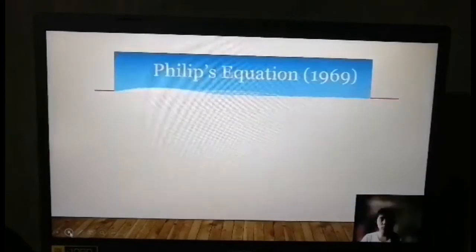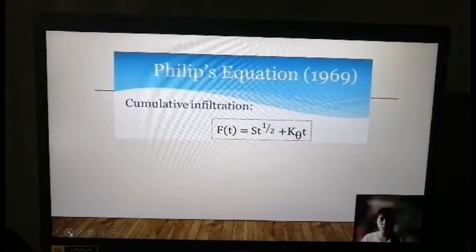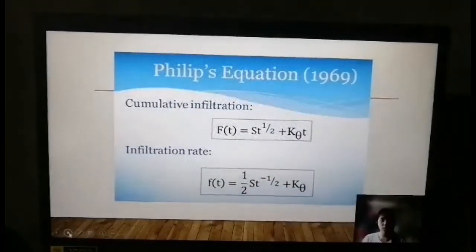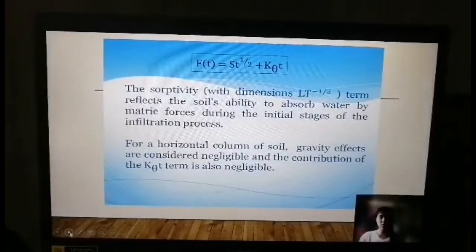So this is the continuation of our report on Phillip's equation. Now this is the Phillip's equation for cumulative infiltration. By differentiating that, we'll get the infiltration rate. The sorptivity term reflects the soil's ability to absorb water by matric forces during the initial stages of the infiltration process.